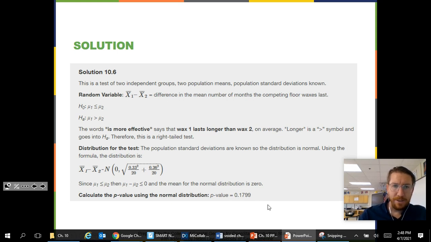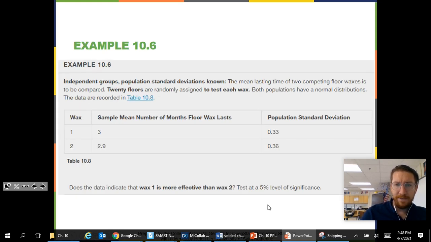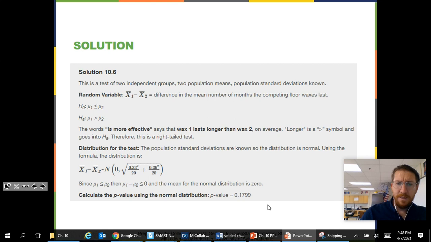P-value is 0.18, which is a very common result. We were testing this at the 5% significance level. So it needs to be less than 0.05 to reject. It is not less. So therefore, we don't reject the null hypothesis. And so we would say there's not statistical evidence to show that wax 1 lasts longer than wax 2.